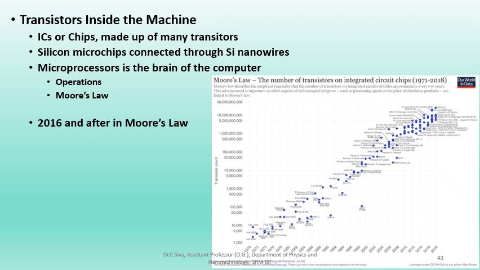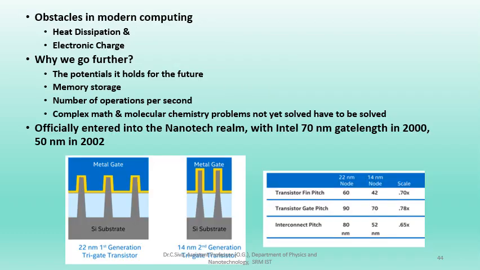There are several obstacles in modern computing: heat dissipation and electron charge limitations, which lead us toward nanotechnology and beyond. We need to go for an SET and the quantum tunneling concept. A single electron transistor demonstrates quantum tunneling when structures become extremely small.